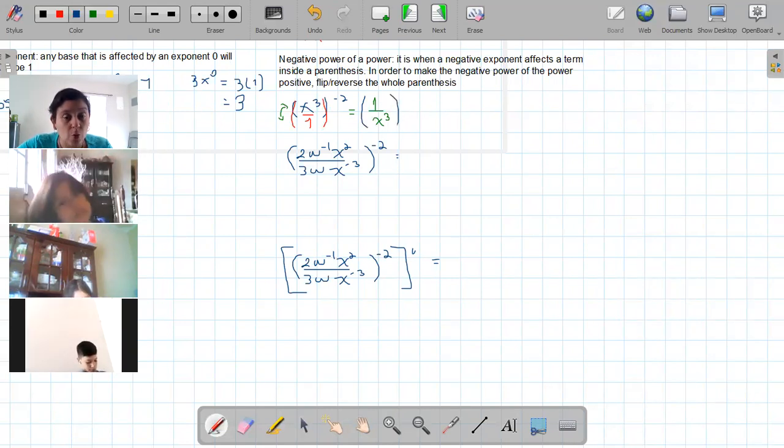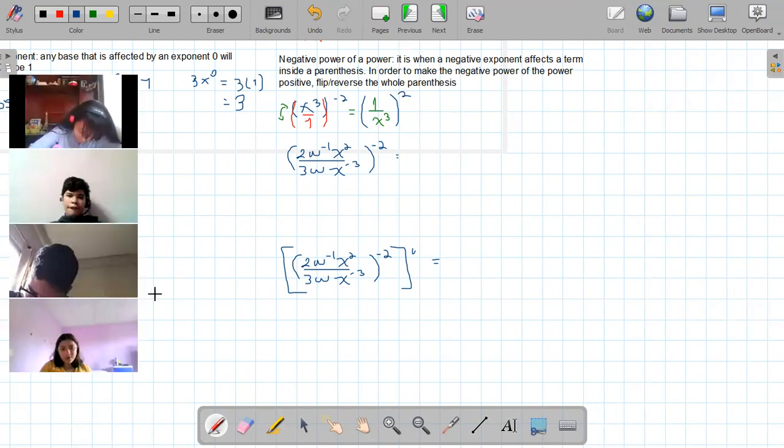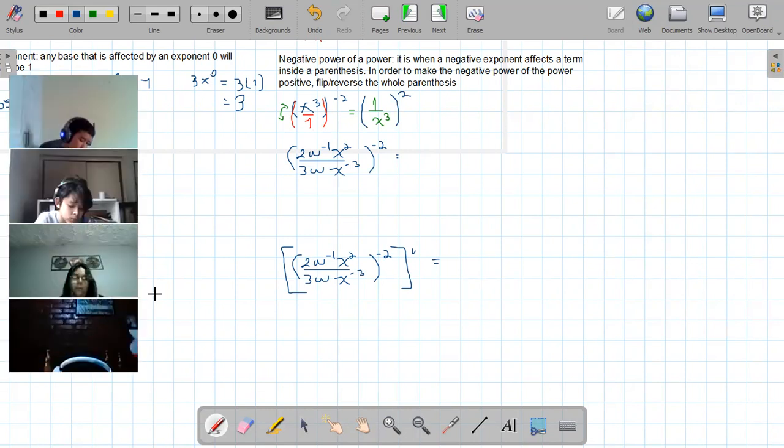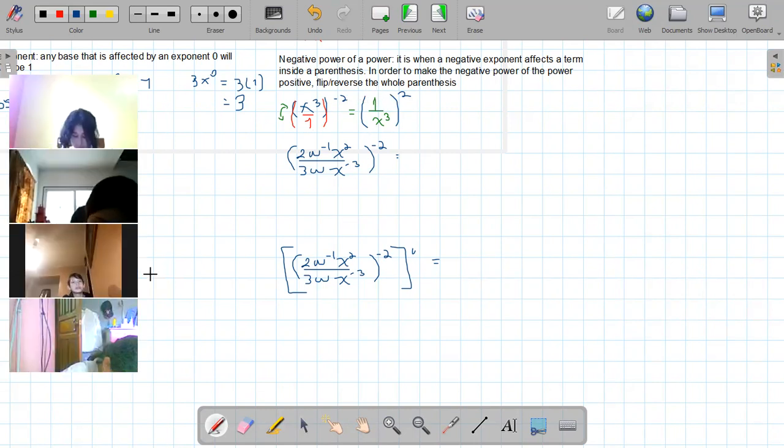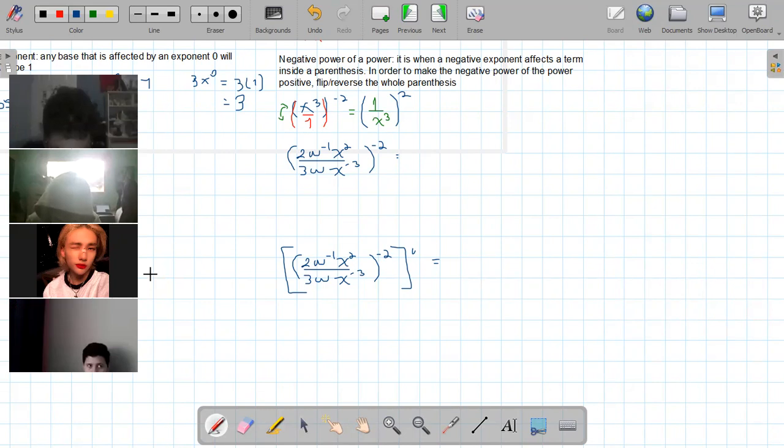What changes is this negative 2, which is now going to be positive 2. Yes, Valentina. So that's what we do. We just change this 2 that was negative into positive, and we reverse everything that we have on the inside.